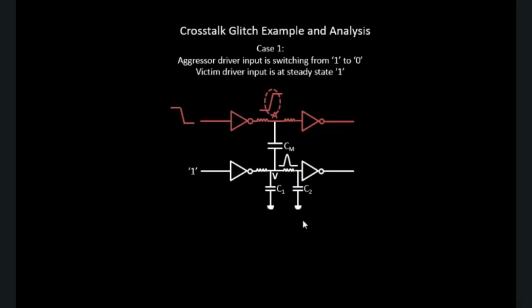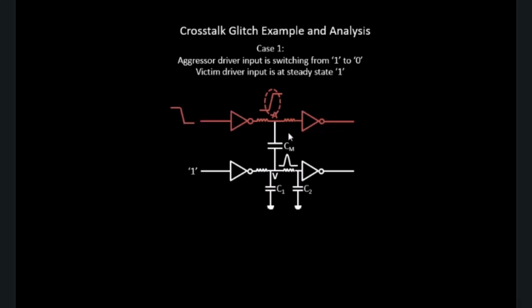This is a very critical and typical behavior of crosstalk, which becomes a bit difficult to understand if we don't show it with graphics. That's why we have developed this infographic on crosstalk. So this is how it is. This is the example that we have been talking about in order to explain the crosstalk glitch. Since this was the first example of its kind, we went a bit slow.